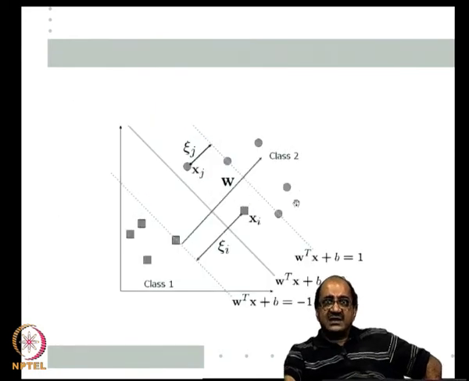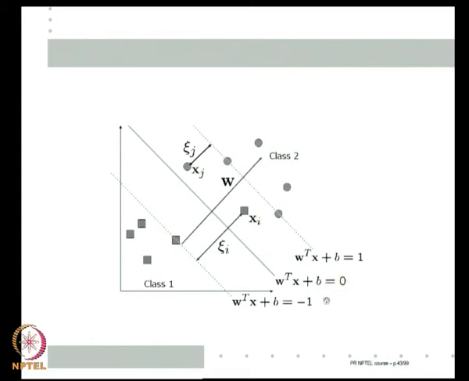So, we can see this formulation. What we are saying is, this is W transpose x plus b equal to 0, this is W transpose x plus b equal to 1, and W transpose x plus b equal to minus 1. I take this to be my W and b. For all the patterns beyond this, my ji's will be 0. If a class 2 pattern came here between these two, this ji would be greater than 0 but less than 1. It's still on the right side, but I am counting this as my margin, because I have taken this W and b. With respect to this much margin, this is one pattern that is not giving me that much margin.